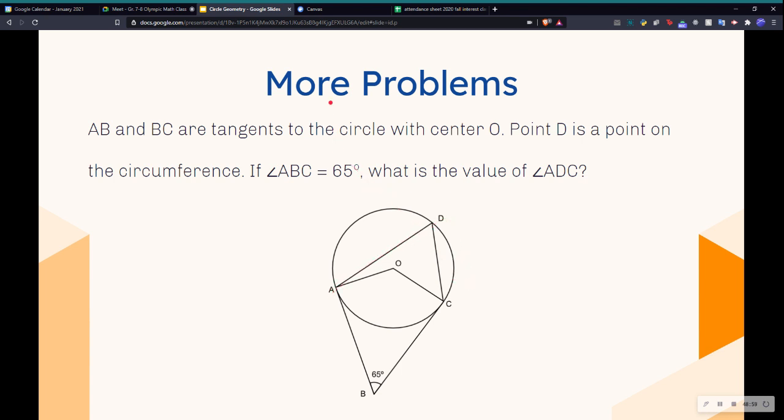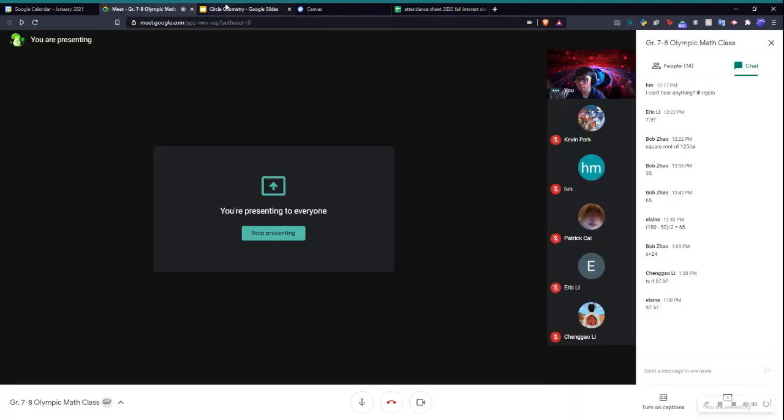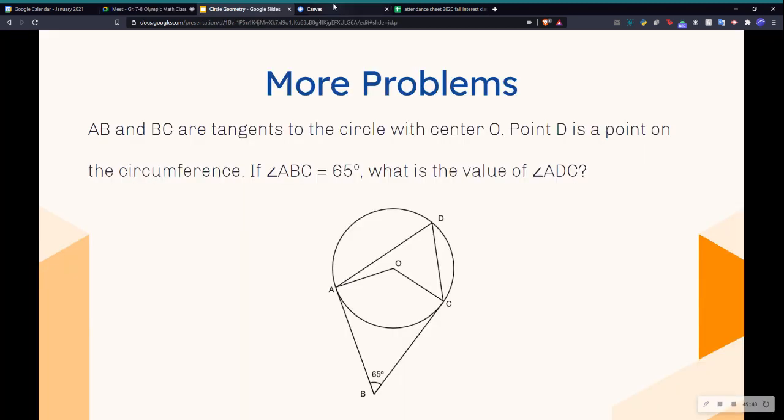Angle ADC, does anyone have a value? Anyone have an answer? Oh, Changao and Yiling got 57.5, which is correct. Good job.